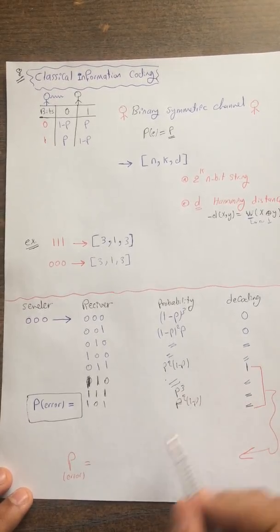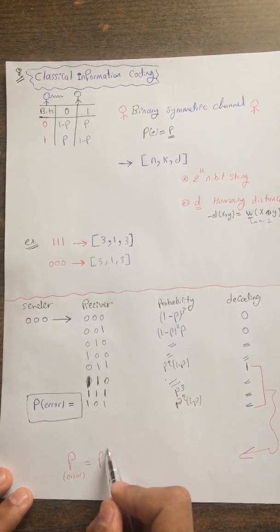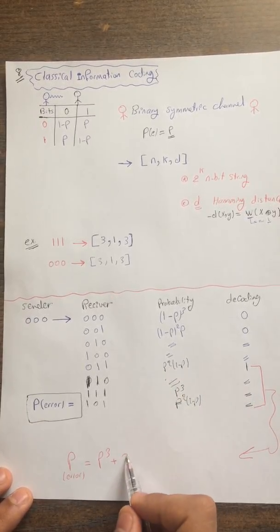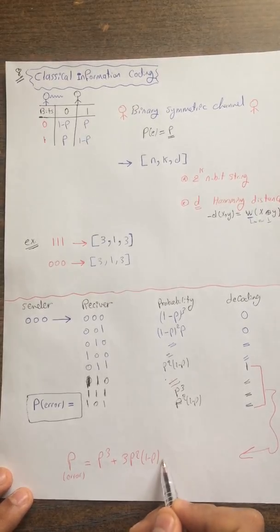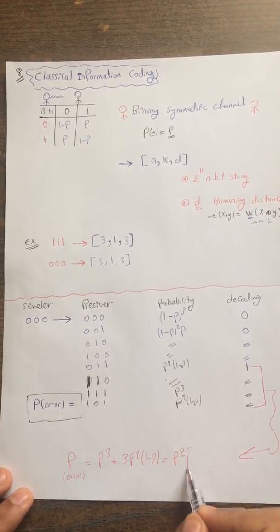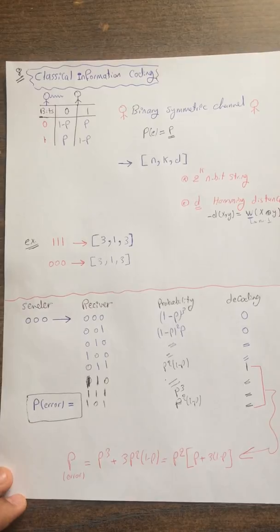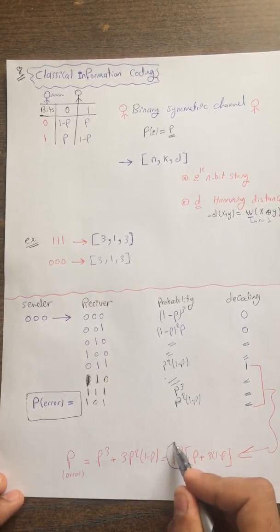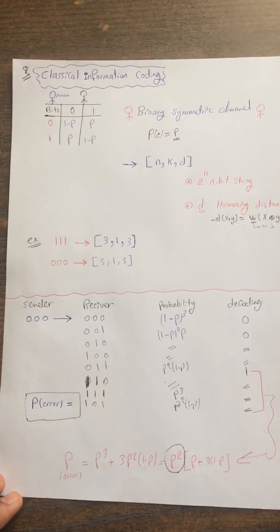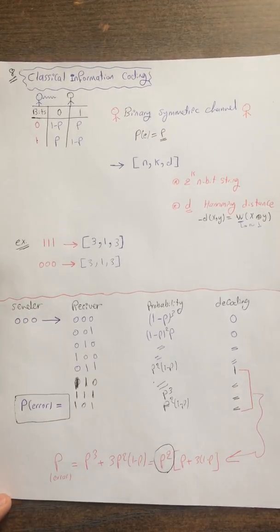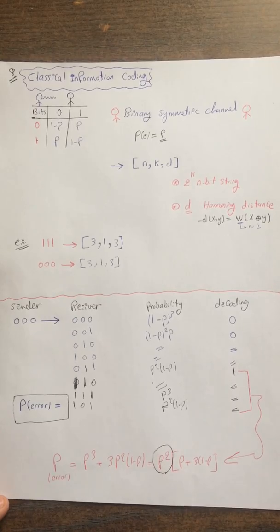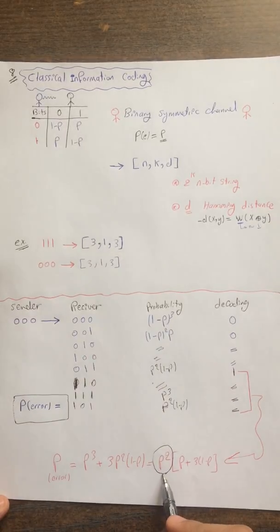To get the probability of error, I sum over them: P cubed plus 3 times P squared times 1 minus P. With P squared as a common factor, it is P squared times P plus 3 times 1 minus P. So it's P squared, not just P. From here I can conclude that this error procedure is more favorable than the simple P, because it gives a lower probability: P squared is lower than P.